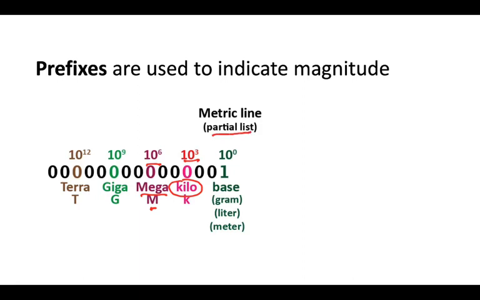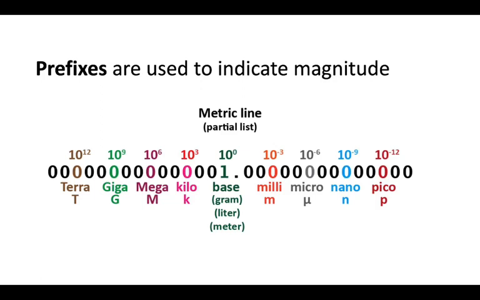For units that are smaller, we use a different set of prefixes, and those include milli for 10 to the minus 3, micro, 10 to the minus 6, nano, and pico. These units make it easier to refer to either very large or very small numbers.